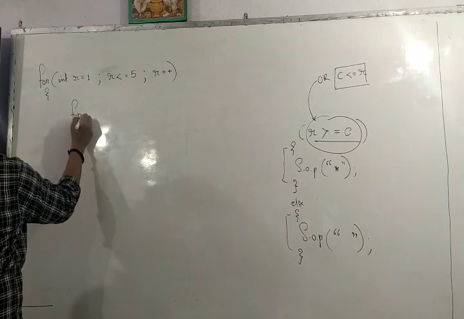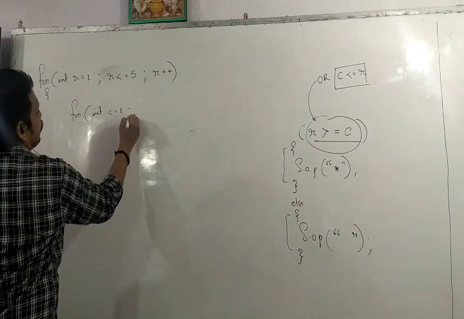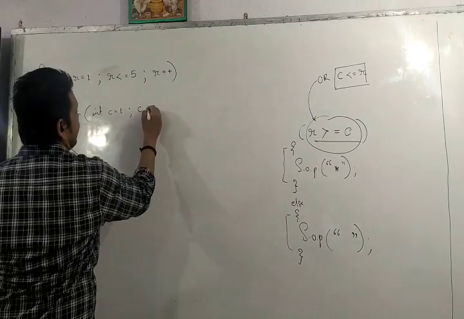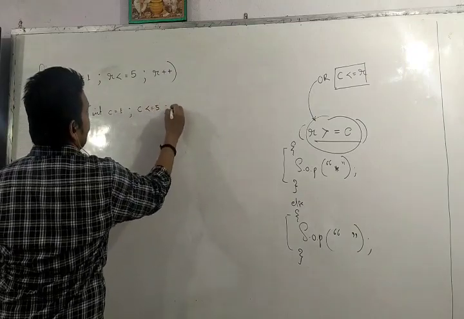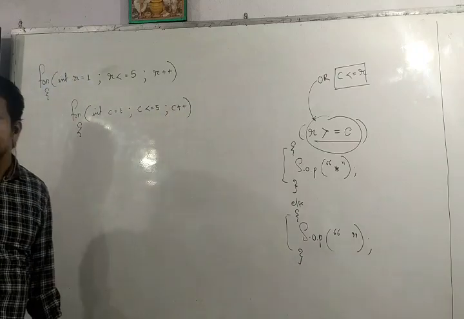Then a for loop, int C is equal to 1, C less than or equal to 5, C plus plus.